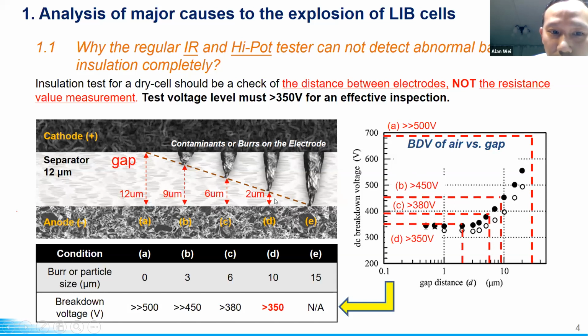So we know most of our customers will think cases B, C, and D will be NG products. However, if you set your test voltage below 350 volts, probably it's hard to detect this kind of defect.